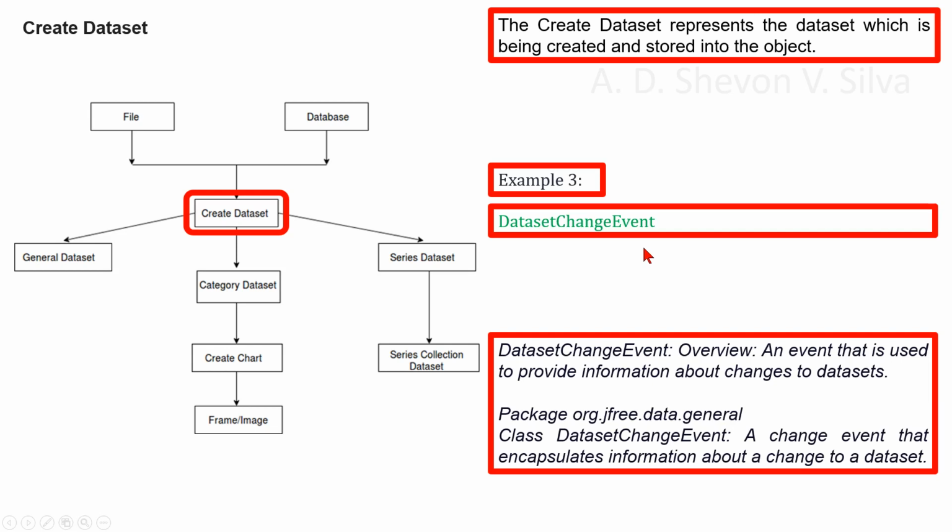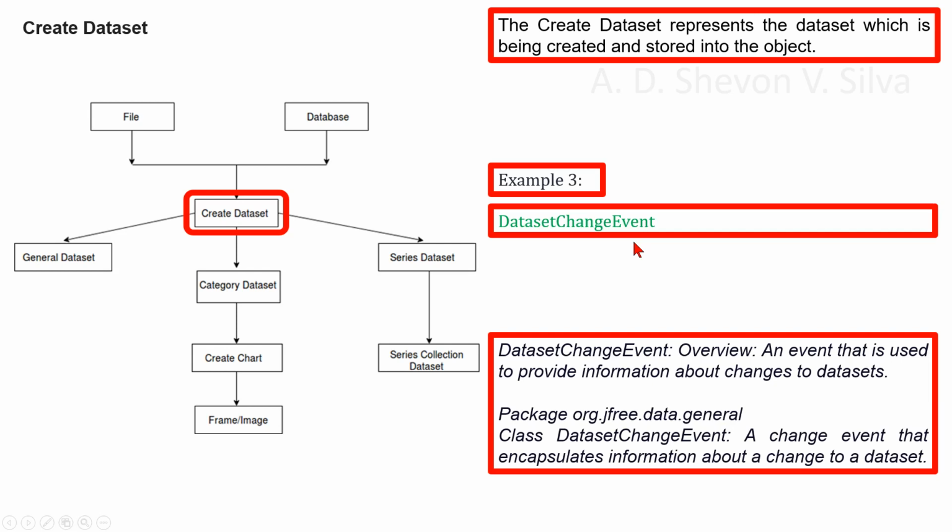Dataset change event: an event that is used to provide information about changes to datasets. The class DatasetChangeEvent, in the package org.jfree.data.general, is a change event that encapsulates information about a change to a dataset.